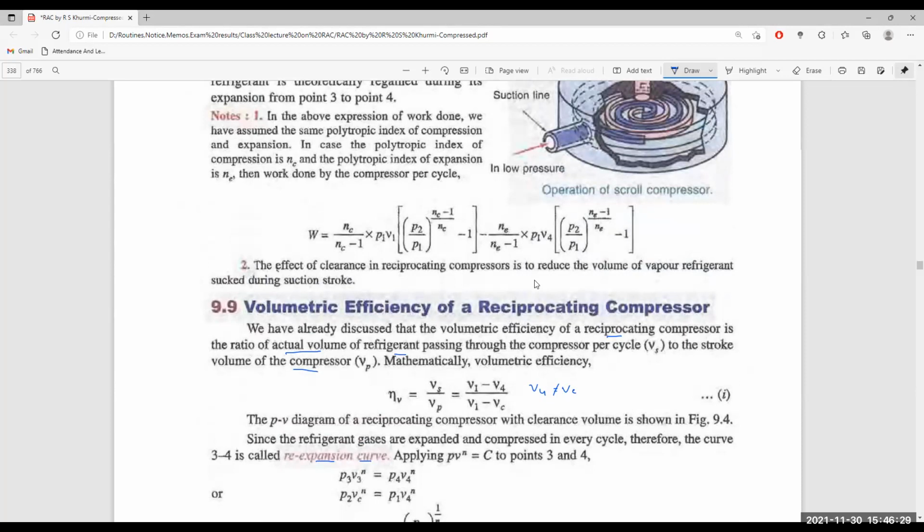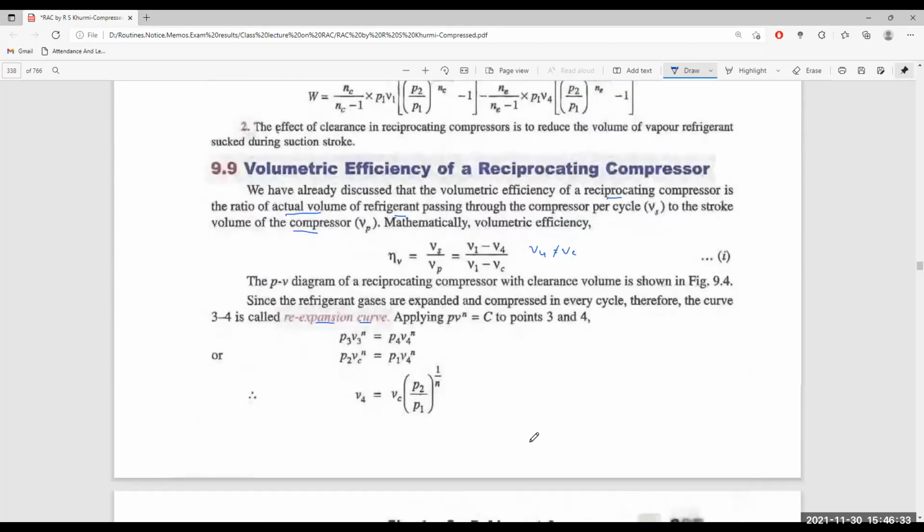Now, applying PV to the power n is equal to constant at points 3 and 4, that is P3 V3 to the power n is equal to P4 V4 to the power n.